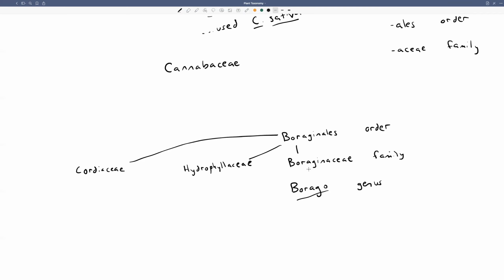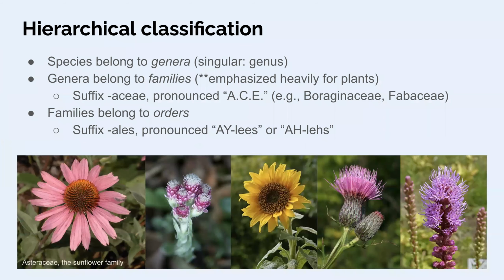And then similarly, the Boraginaceae family contains Borago, contains Lithospermum. So depending on the size of these groups, it's kind of a special member of the group that gets to have its name be part of the family category. So lots of genera in Boraginaceae, only Borago is the basis for the family name. And give you some examples there. Hopefully that all makes sense for you.